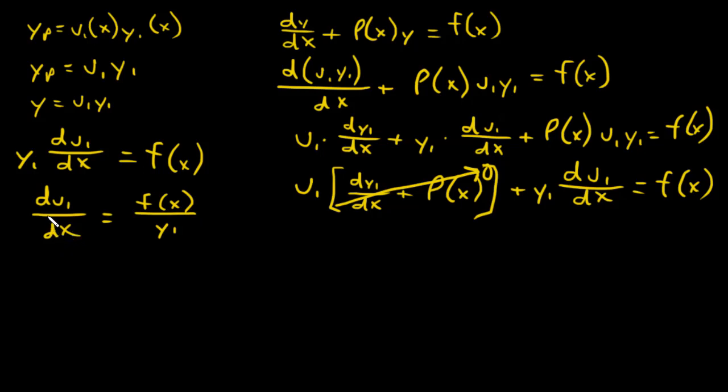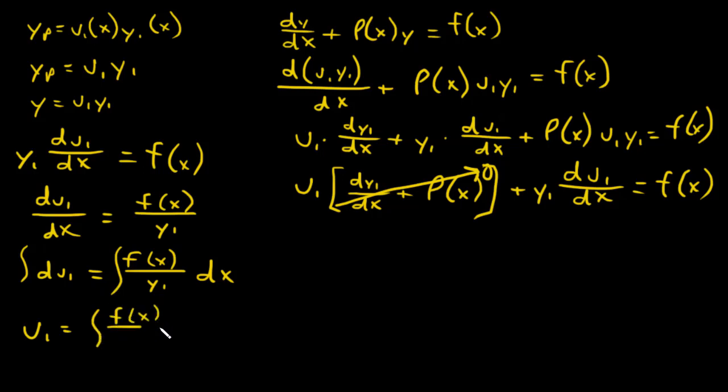I'm also going to shift this dx over. So I'm going to have du1 is equal to f of x over y1 dx. Now I'm going to take the integral of both sides. When I do that, I'm going to get u1 is equal to this integral of f of x over y1 dx.